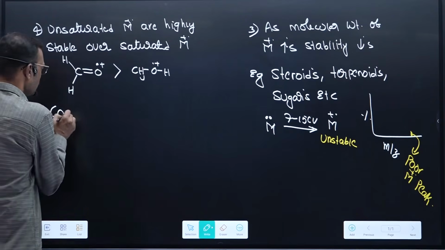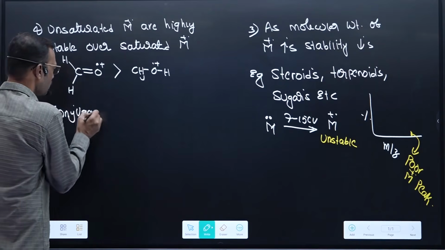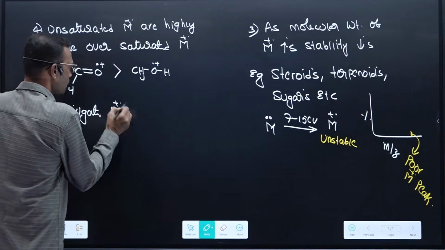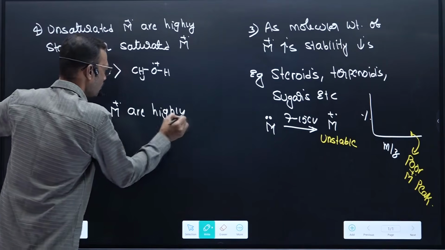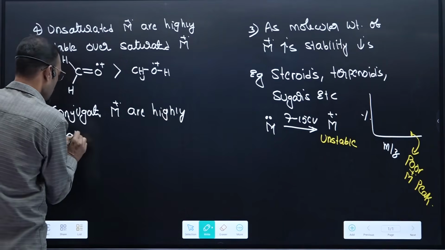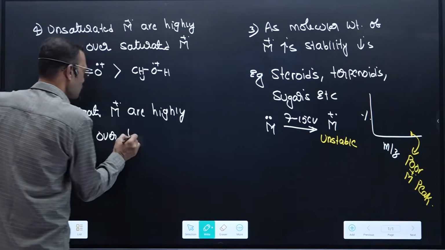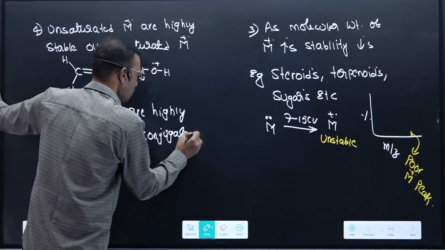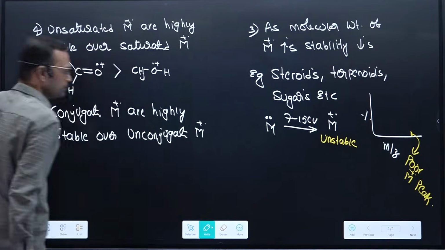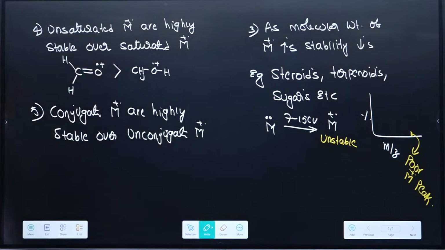Then see, if I take any conjugated molecular ion, conjugated molecular ions are highly stable over unconjugated molecular ions. If any molecular ion has conjugation, that is found to be more stable.